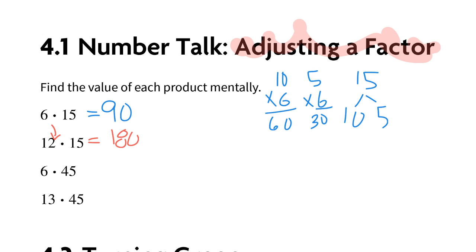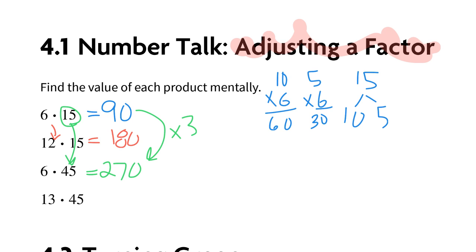All right. And then similarly, what is 6 times 45? Well, we know that 6 times 15 is 90, and we recognize that 15 multiplied by 3 gives us 45. So our answer is going to be 3 times as big as 90. So 90 times 3, triple 90, because we've tripled the 15, gives us 270.